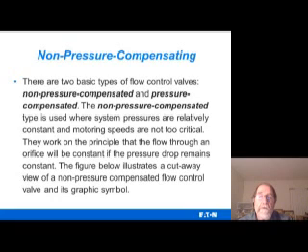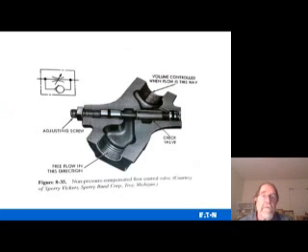The figure below illustrates a cutaway view of a non-pressure compensated flow control valve and its graphic symbol. Here is what it looks like, and it's cut away so you can see how that changes the flow there, the little non-pressure compensating flow control valve, okay?